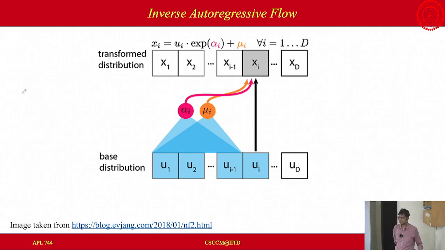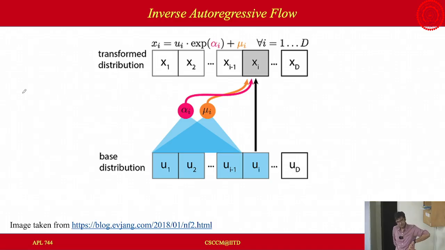Okay. Because during training, what will happen? You will give x1, from that x1 you will get u1. Using that u1, you will find out alpha 2 and mu 2. From that alpha 2 and mu 2, you will get x2. Using x1 and x2, from x2 you will get u2.